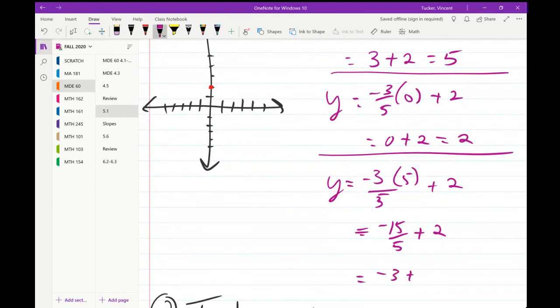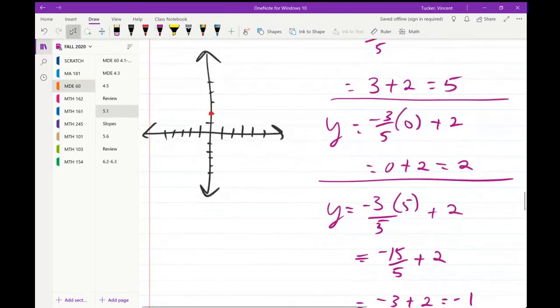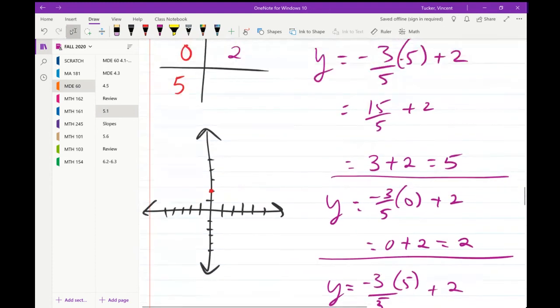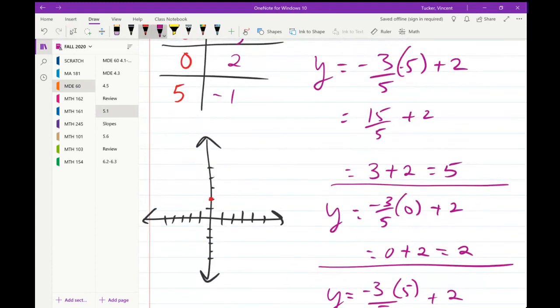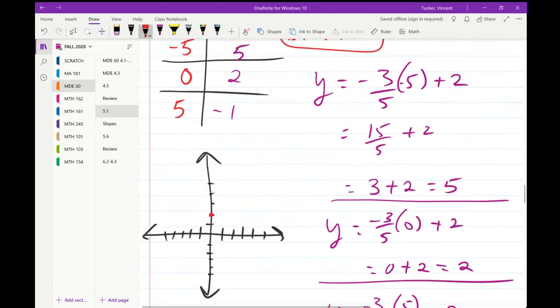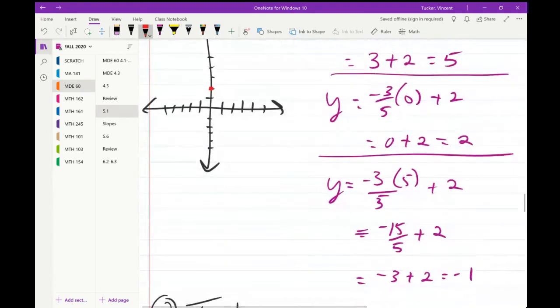That's -3 plus 2, which is -1. All right, any questions before we graph?